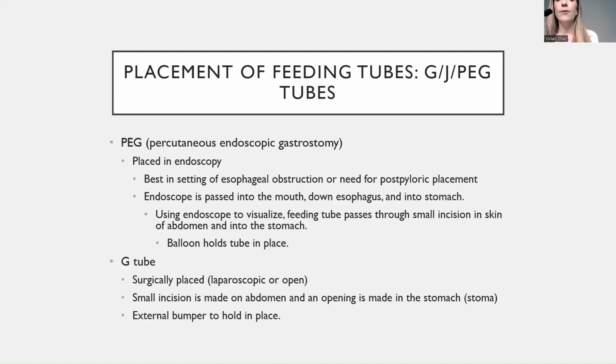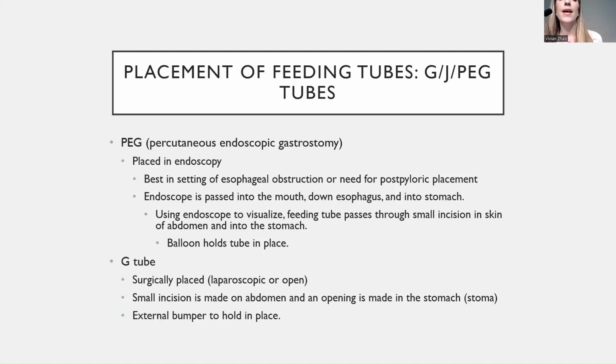Placement of GJ tubes and PEG tubes. One thing that I always asked was, what is the difference? The difference in the two is about how they're placed, and when they're placed. A PEG is placed in endoscopy, a G tube is placed during surgery. They're the same.